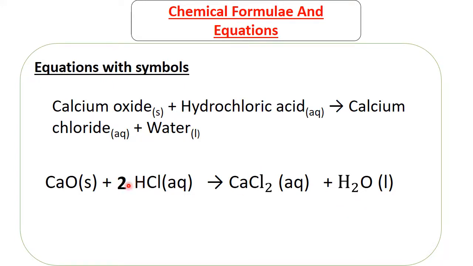But adding 2 hydrogens here is affecting the number of chlorine atoms. There's no such thing as chloride atoms, unless I say chloride ions. So there are two chloride ions here, or two chlorine atoms. How many chlorine atoms do we have here? If you look at this, we have Cl2. We have two chlorine atoms, balanced.